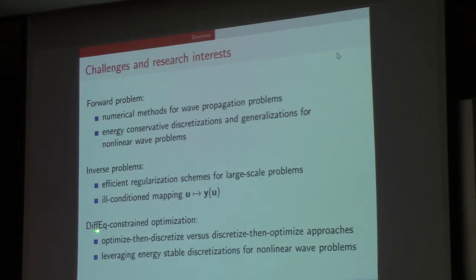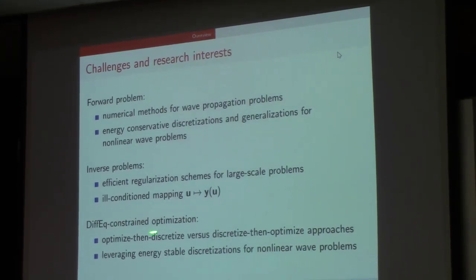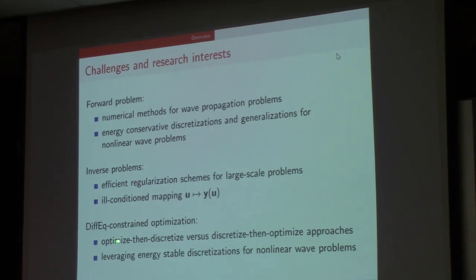And on the third point here, differential equation constrained optimization. I've been stretching out into this field. It's somewhat related to inverse problems. They have a little bit of overlap, but they do have some specific considerations. One of these is an optimize-then-discretize, or discretize-then-optimize, approach.